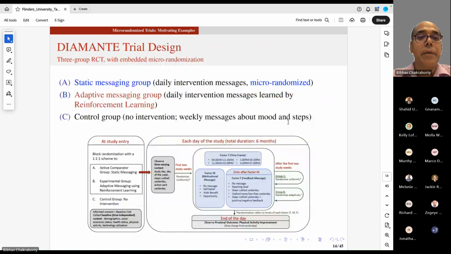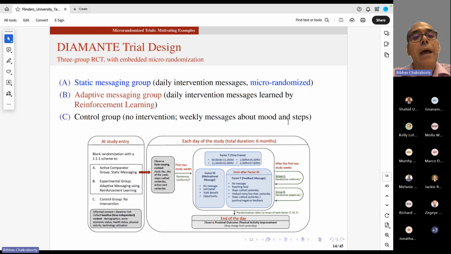Okay. So here is the big picture of the Diamante trial. It's not just one micro-randomization thing. It's micro-randomization embedded within a three-arm, three-group RCT. So there is a control group, which I denote by C, which we can ignore for now.